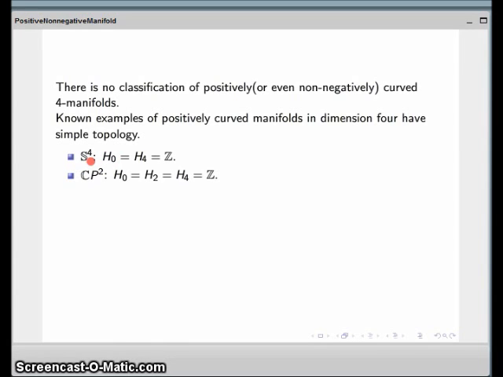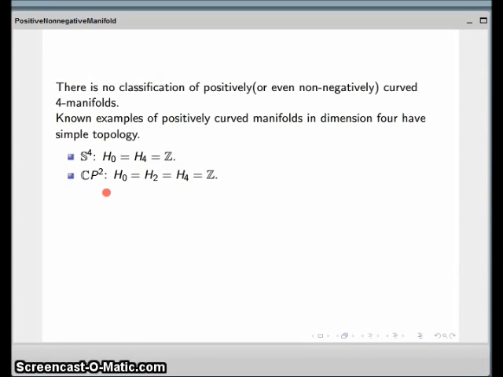This is just the generalization of the 3-dimensional case to 4-dimension. And the topology is quite simple. The homology groups actually characterize the topological property. So H0 and H4 are equal to the integers.